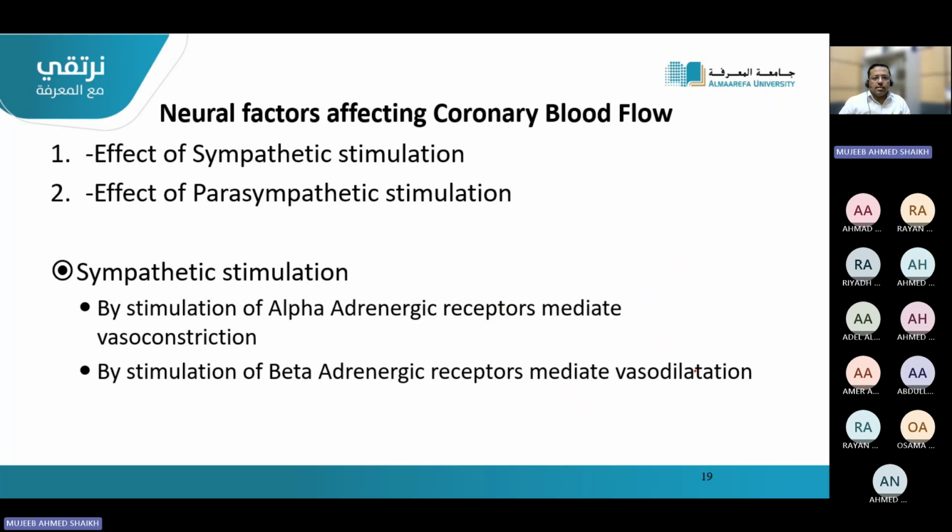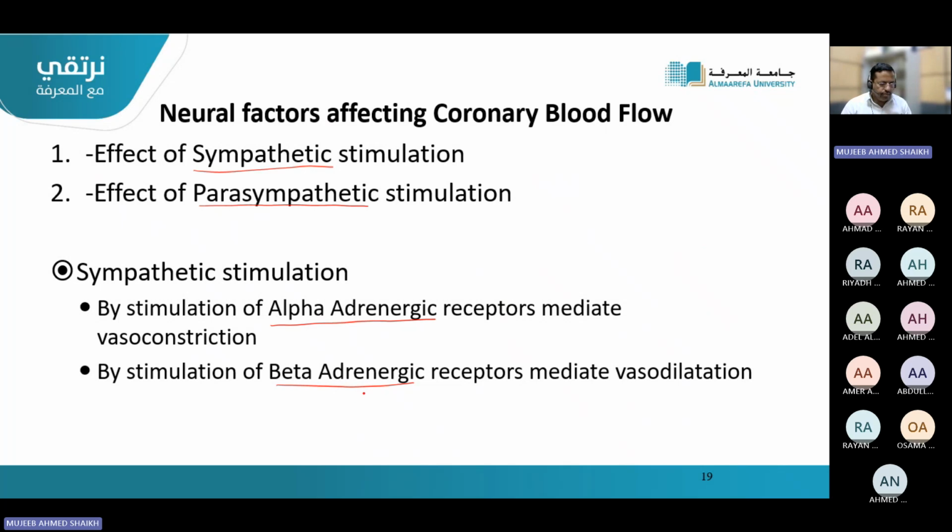Okay, neural factors: sympathetic and parasympathetic. This requires your more attention to understand the effect of sympathetic and parasympathetic stimulation. Sympathetic stimulation acts through two receptors: one is the alpha receptor and another one is the beta receptor.